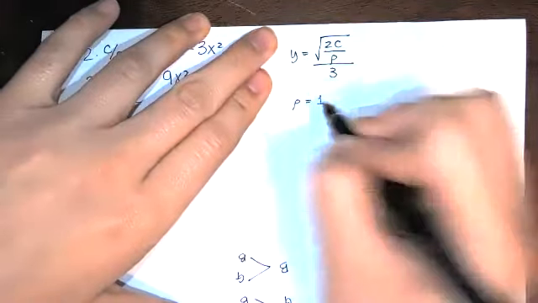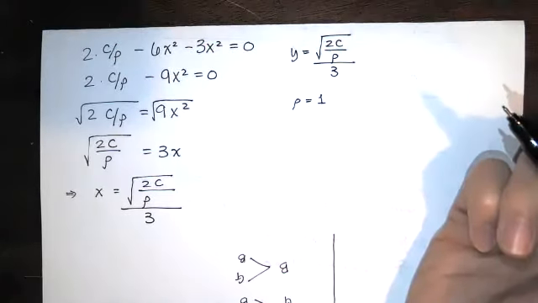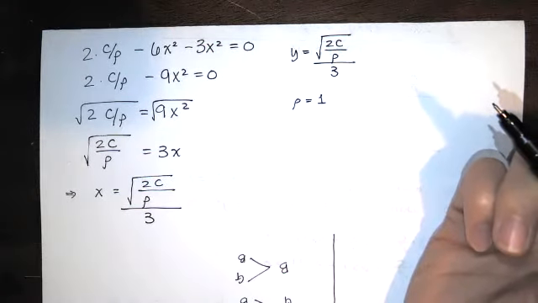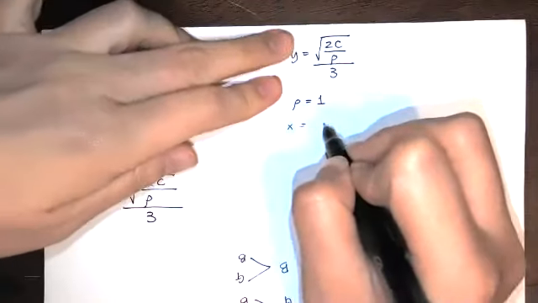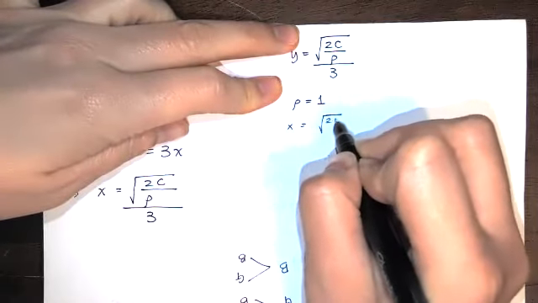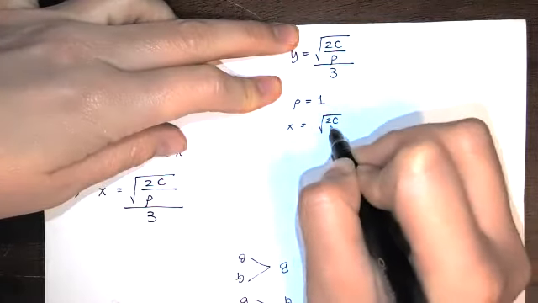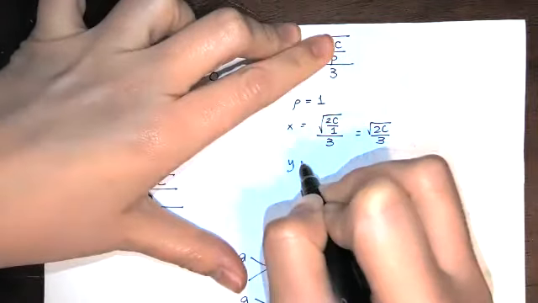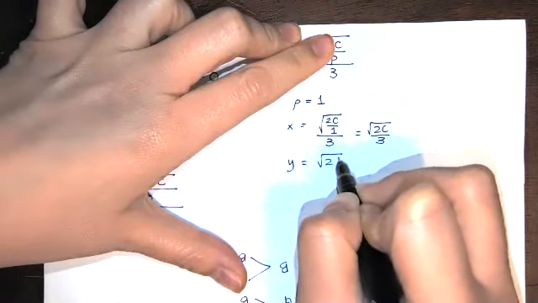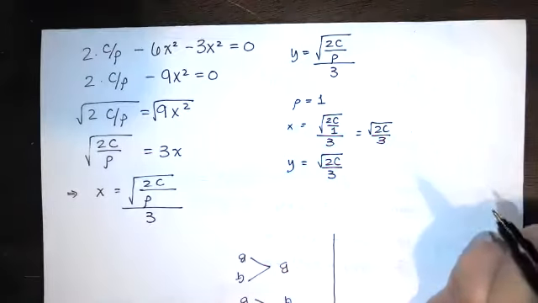So they said, let's just assume that the cost per unit area for the material for the sides is $1 per unit area. In that case, our x value is the square root of 2c over 1 divided by 3. So that's the square root of 2c over 3. Y is the same because x and y were the same from earlier.